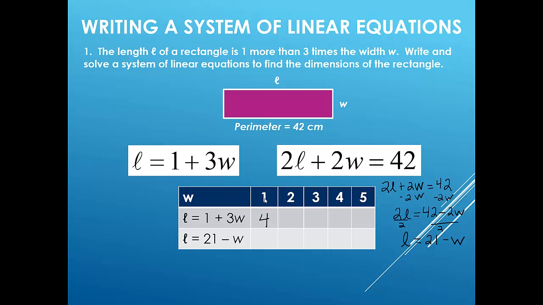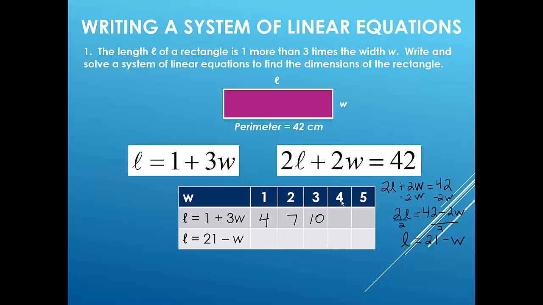So when W is 1, L equals 4. Now we'll see what happens when W equals 2. So we're going to plug in our 2 for W. So 3 times 2 is 6. And 1 plus 6 is 7. Now we'll see what happens when W equals 3. So we have 3 times 3, which is 9, and 1 plus 9 is 10.